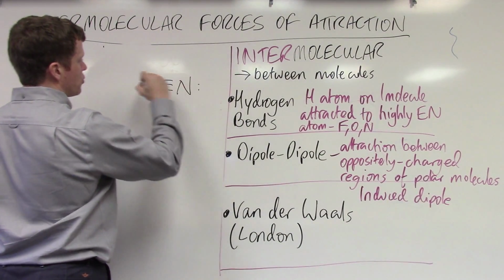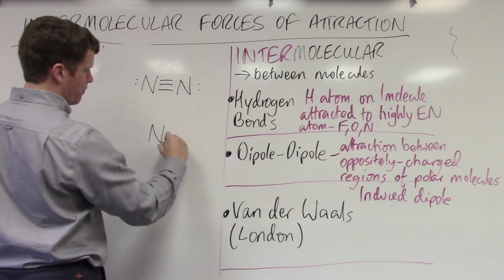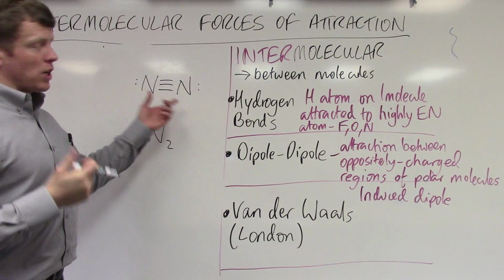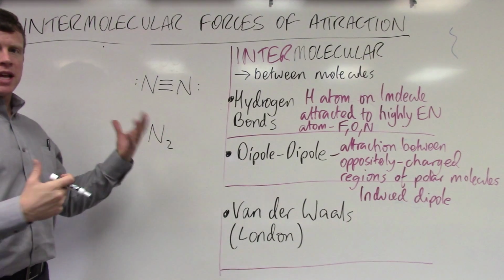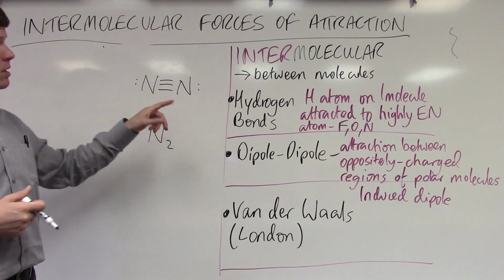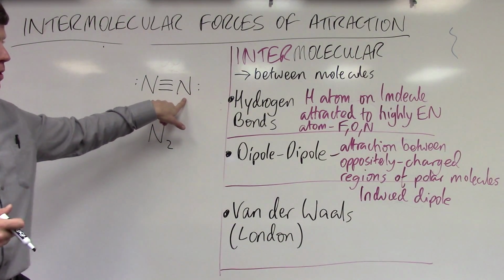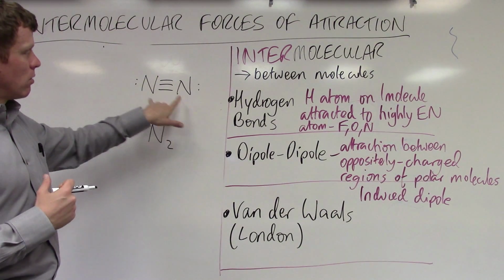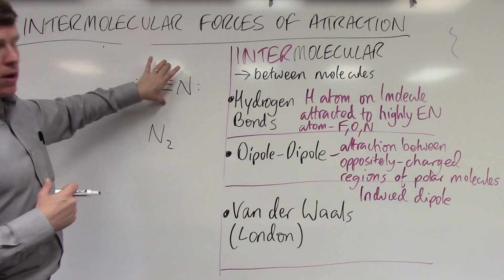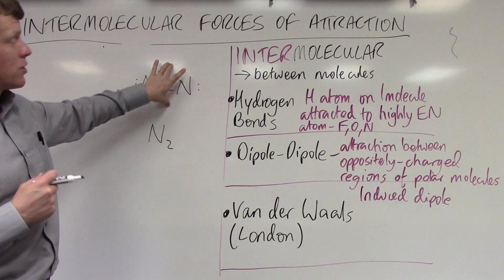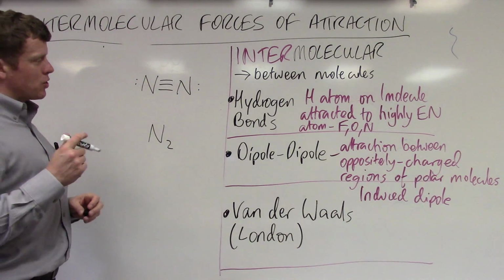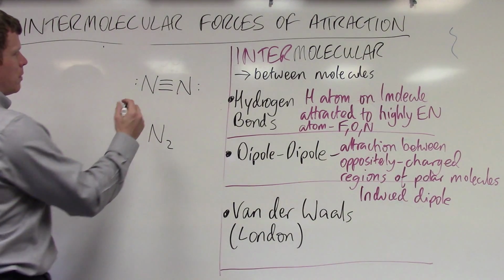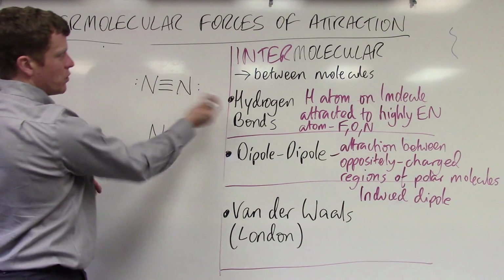And let's look at nitrogen as an example, or N2. So if we looked at electronegativity values, even just common sense tells you that this would be non-polar because these two atoms both have equal numbers of electrons and protons and everything makes them the same. So the electrons will be perfectly shared in the exact middle of these two. But the idea of an induced dipole is the electrons are moving.